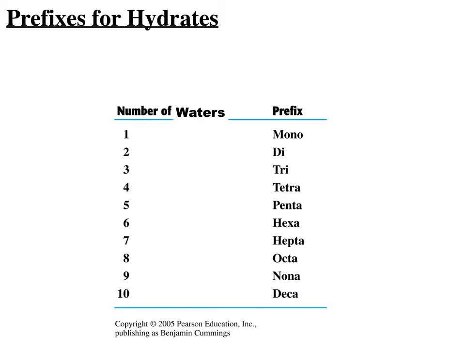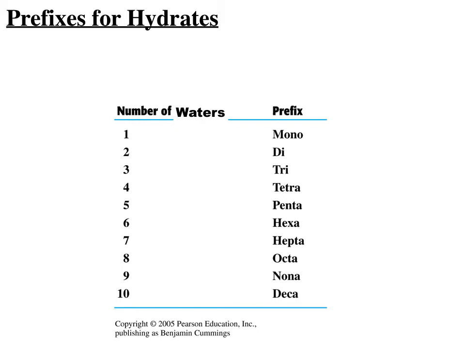For 2, di, then tri, tetra, penta, hexa, hepta, octa, nona, and deca. Now there are actually prefixes in the cases that more waters are incorporated. We'll just go with the first 10. I want you to know these. I want you to use them when you have a hydrated compound.